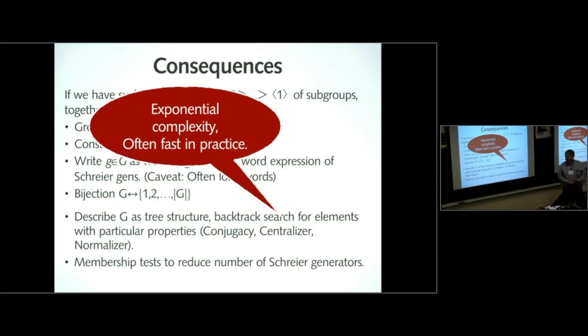But it turns out with some further improvements which use the fact that certain sets of elements form a subgroup, actually in practice for permutation groups this works surprisingly well, and we can do things like testing whether elements are conjugate, calculating the centralizer of an element, calculating the normalizer of a subgroup.